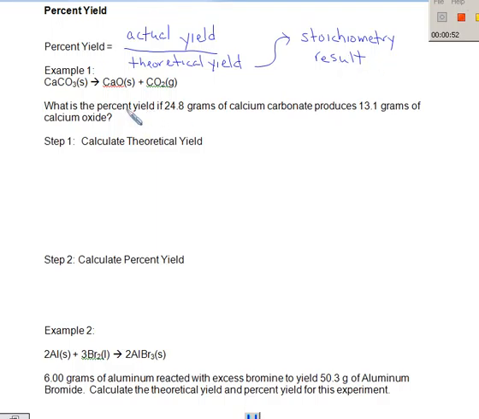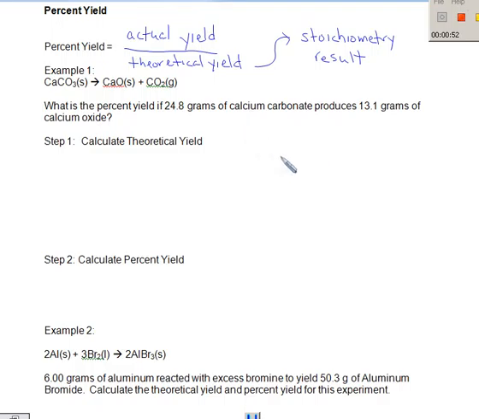So let's work an example right here. What is the percent yield if 24.8 grams of calcium carbonate produces 13.1 grams of calcium oxide? The first thing we're going to need to do is calculate a theoretical yield of calcium oxide. So we're interested in how much we produce.